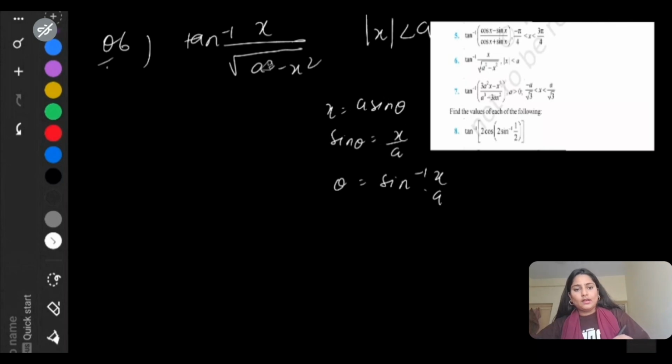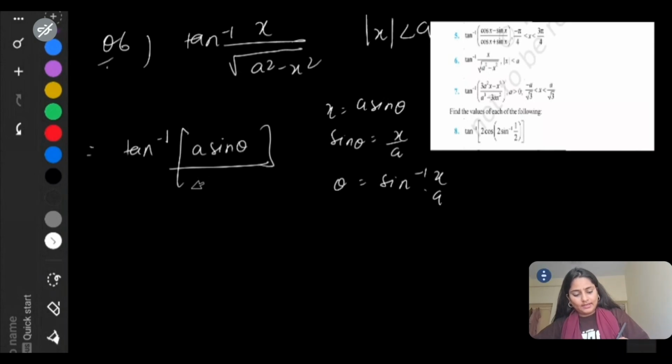Now we put here tan inverse of a sin theta divided by under root of a square minus (a sin theta) square.